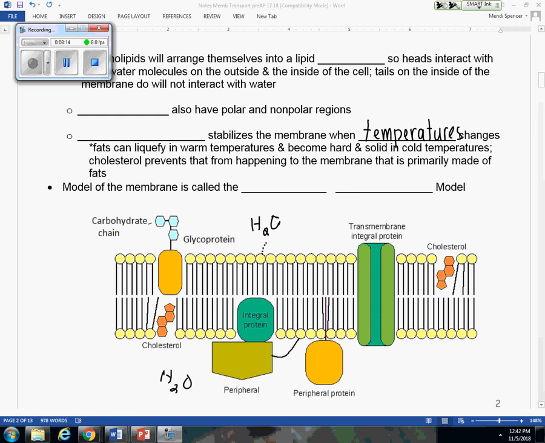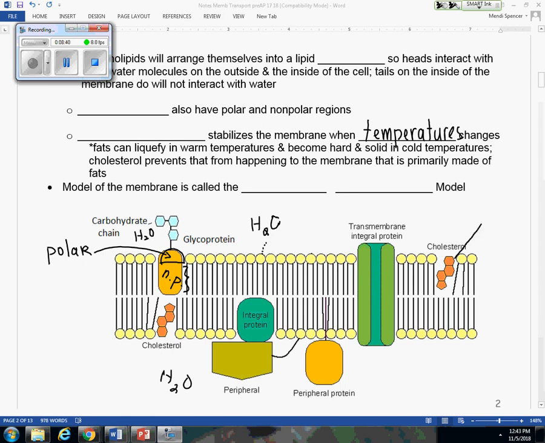But let's focus on the proteins here. This part of the protein, since it's facing the watery environment, would be a polar area of that protein. Whereas this part here that's around those phospholipids would be nonpolar. I'm just going to put NP for nonpolar. So you can see that even proteins have polar and nonpolar regions, and so does cholesterol.